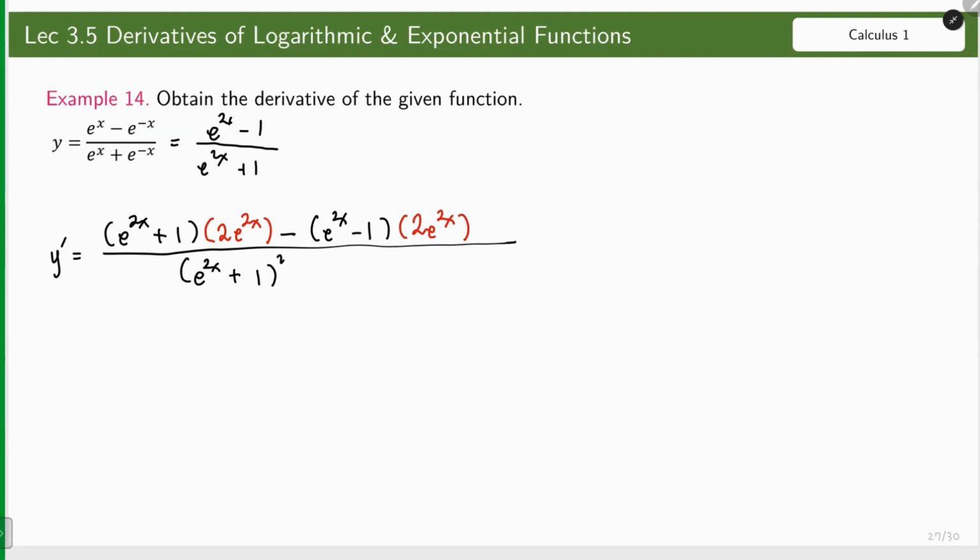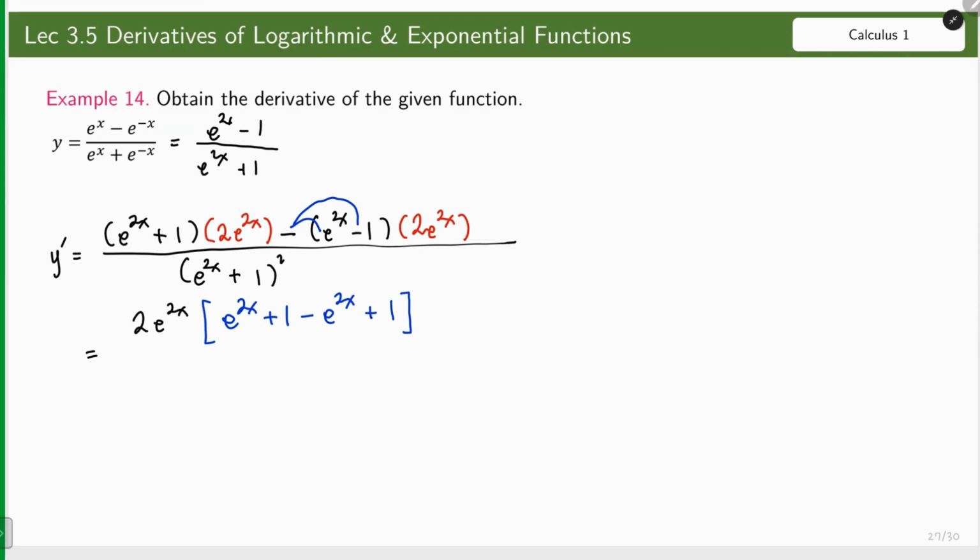Okay. What are we going to do next? Let us factor that out. They have the same derivatives, the color red. Let us bring that out. We have here 2e raised to 2x and then multiplied to e raised to 2x plus 1. And then the subtraction sign here will be distributed. We have minus e raised to 2x plus 1.